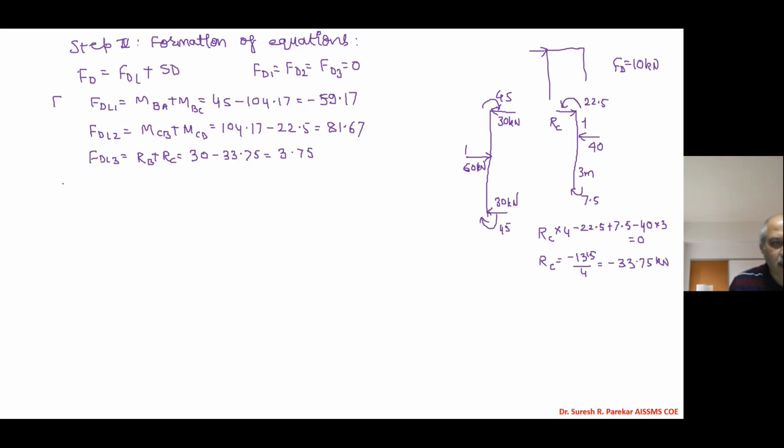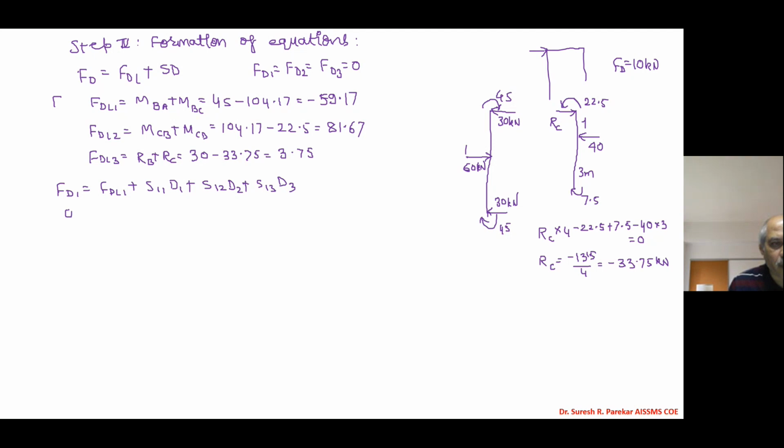3.75. And now we will write the equation FD1 equal to FDL1 plus S11 D1 plus S12 D2 plus S13 D3. Now I will write all the equations fast.